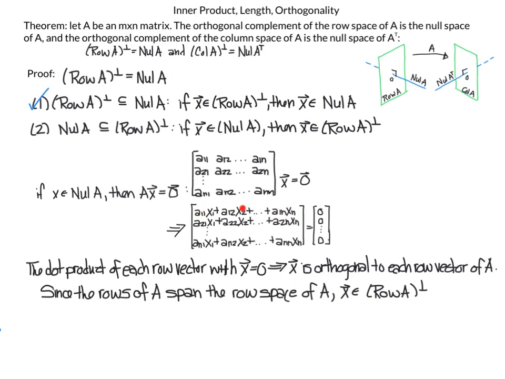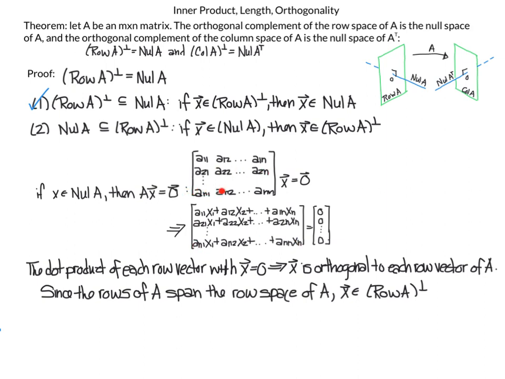But now again, this linear equation here is equal to the row dotted with the vector X, and it's equal to 0. So that means X is orthogonal to this first row. And then the second row, when we dotted the second row with X, that's the second linear equation, it's equal to 0. That means X must be orthogonal to the second row, all the way down to the nth row.